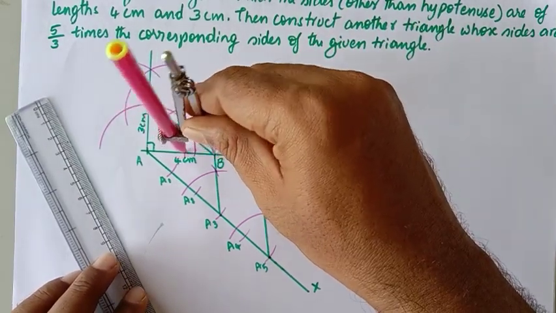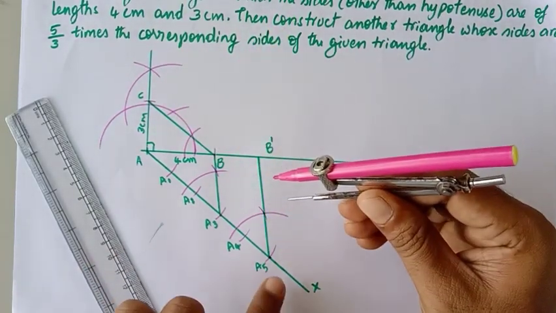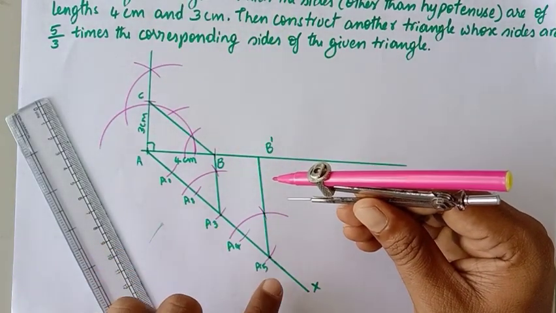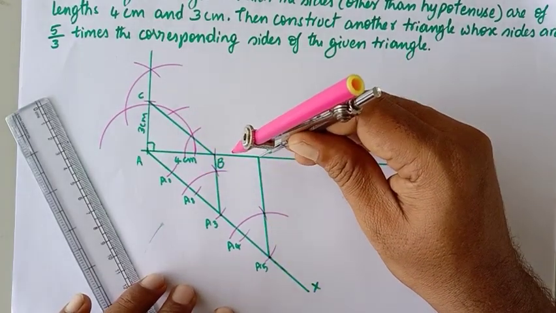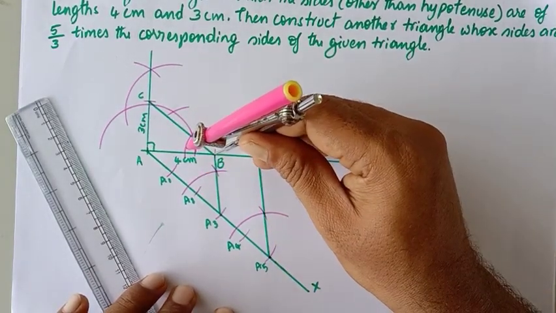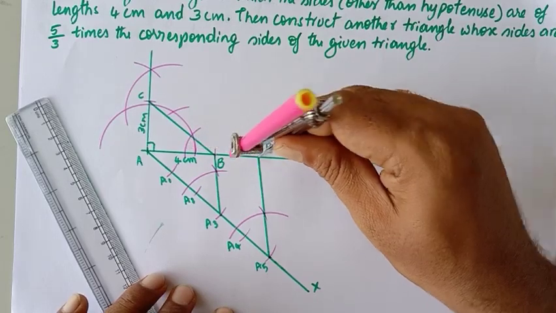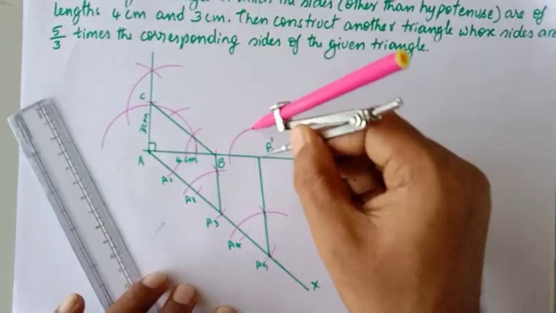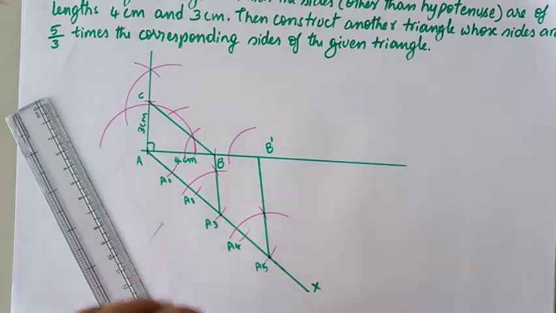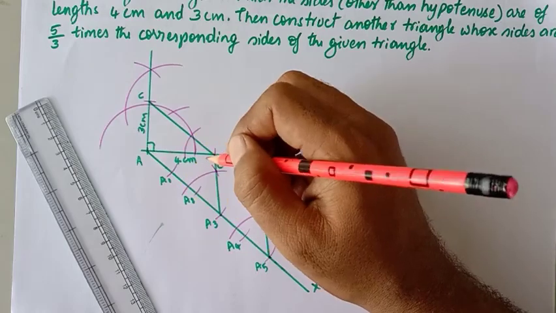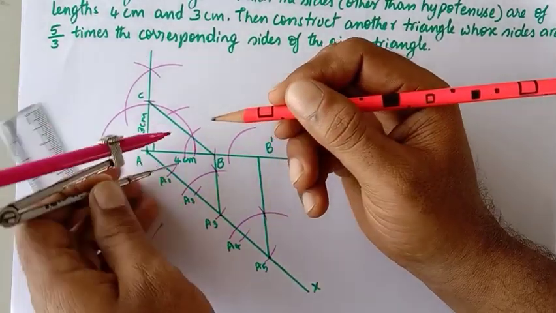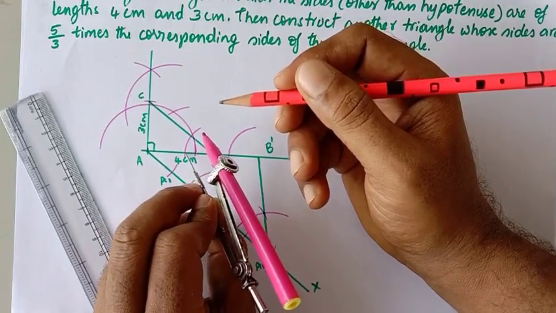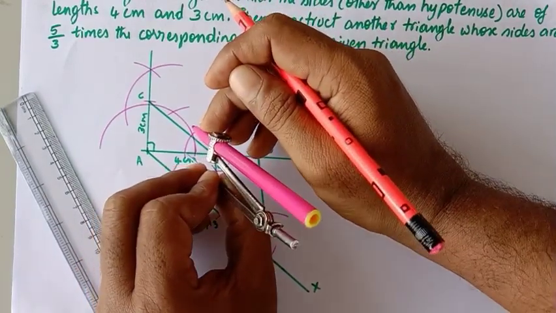I will draw an arc as we did here in A3 and A5. We are doing the same procedure here too. From B dash, as I have drawn from B, now I am doing the same, cutting the same arc from B dash, and then afterwards from the point of intersection of the arc and the line AB, that is this point, I will adjust these 2 points.